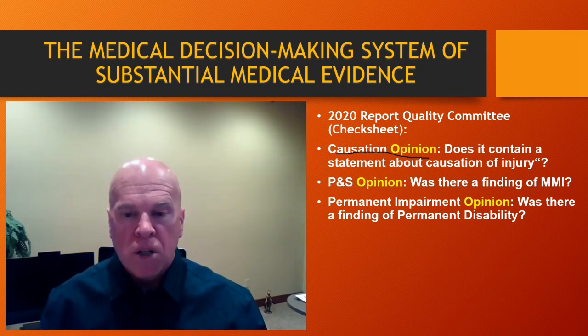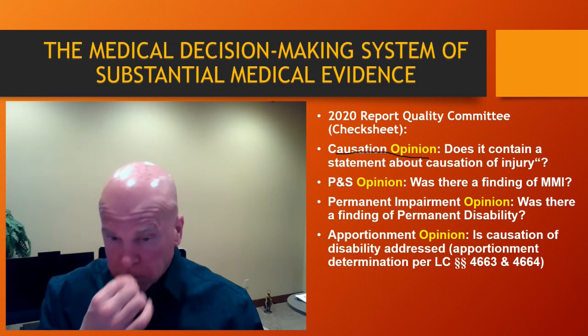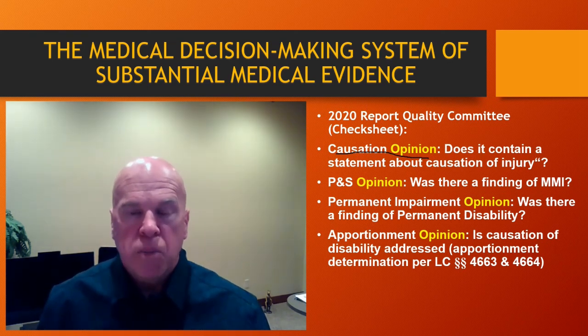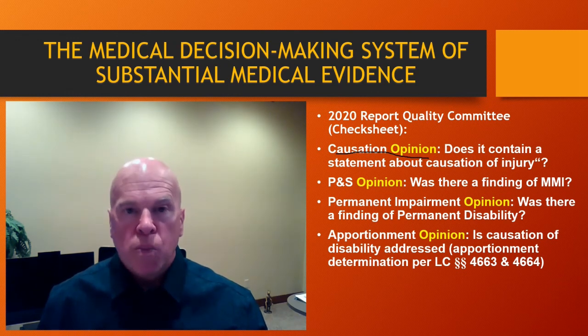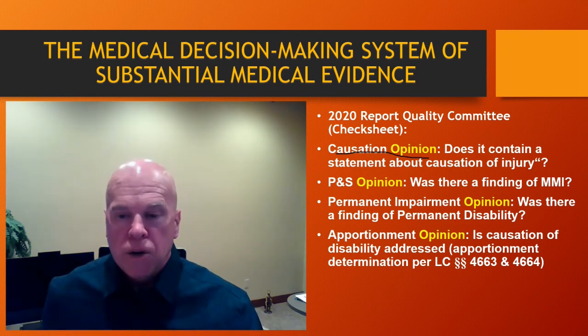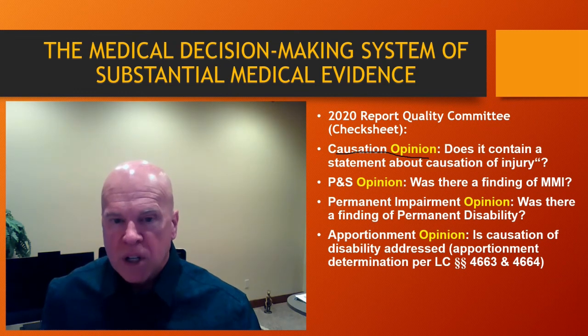Does the report contain an opinion on the permanent impairment? Is there an opinion on a finding of permanent disability? And then finally, in those cases where you provide an opinion on permanent impairment, does the report contain an apportionment opinion? In other words, is disability addressed under Labor Code 4663 and 4664.